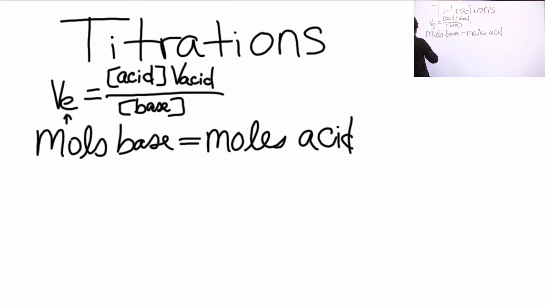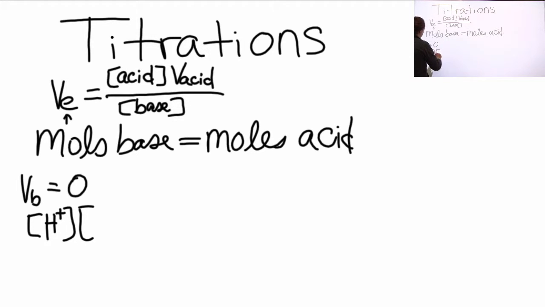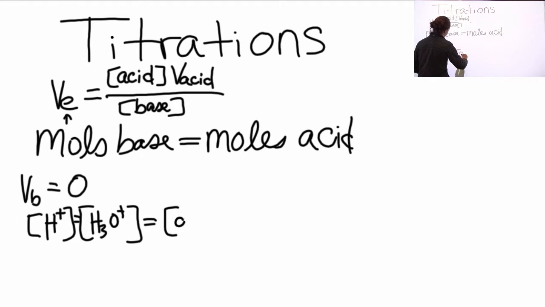So there's a couple different situations you might be in during your titration. The first is if your volume of base is 0. So this is when you first begin your titration. So obviously you haven't added any base yet. So to calculate the pH at this point, it's really simple. If you're a strong acid, the concentration of your protons or your hydronium, which is H3O+, is simply going to be equal to the concentration of your acid.